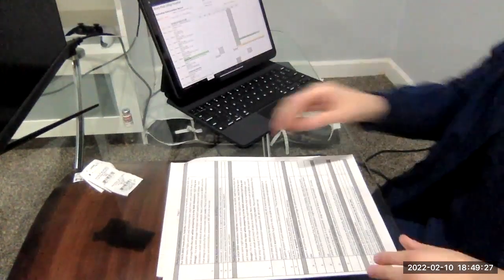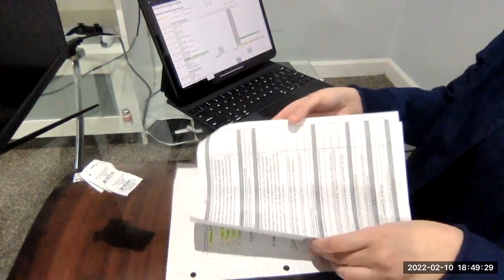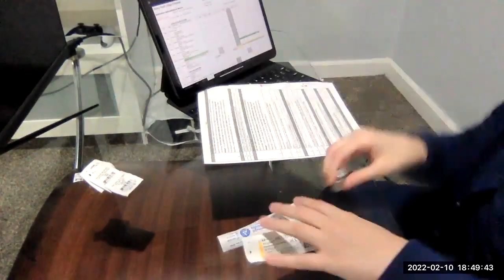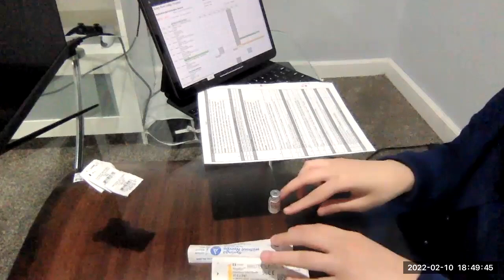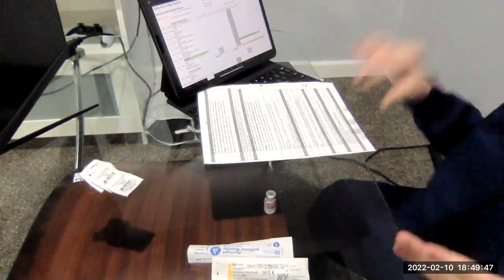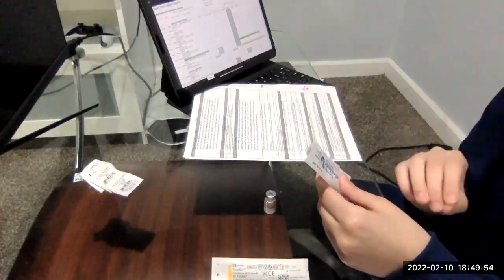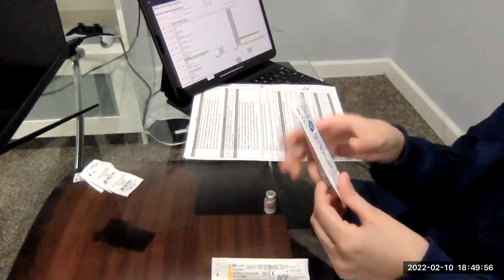Okay. So next thing you're going to do is prepare your injections. So like I said, I already pulled out the necessary stuff that I needed before I pulled out the medication from my drug bag or drug box.